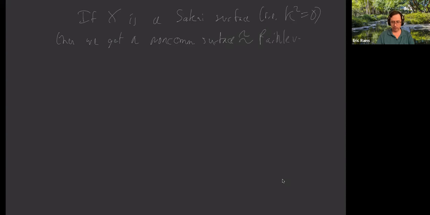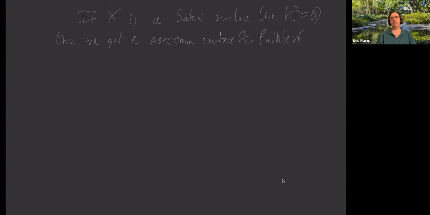There's one very nice special case. So if X is a Sakai surface, that is, let's say K squared equals 0, then we get a non-commutative surface which roughly corresponds to Painlevé, or some version of Painlevé.